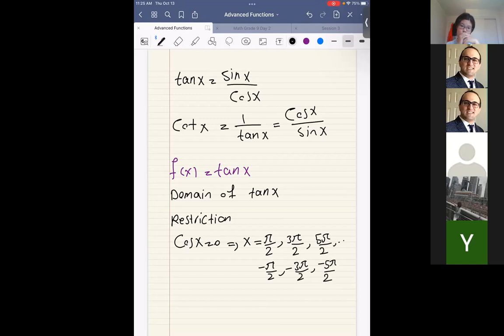Can you write a formula for the zeros of cosine in terms of integers? In general, x equals pi half plus k times pi.